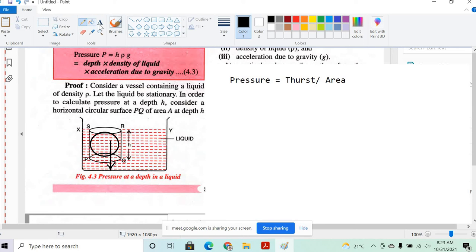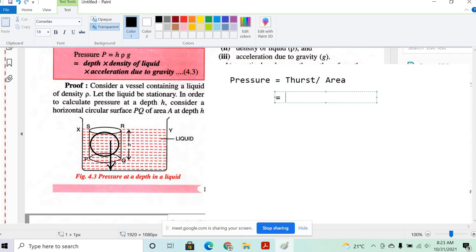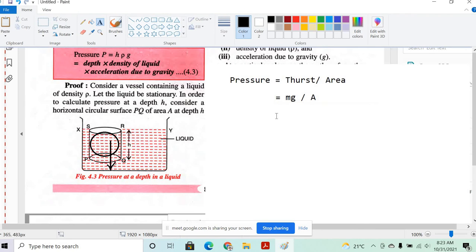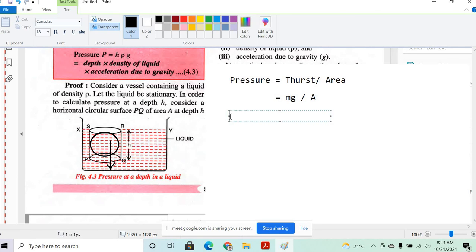Yes, sir, the bottom of the can. Exactly. So thrust will be given as mg, and pressure is mg by area, correct? And mg is mass times acceleration due to gravity. Now let's find the mass. You remember the density, right? Density is equal to mass by volume.